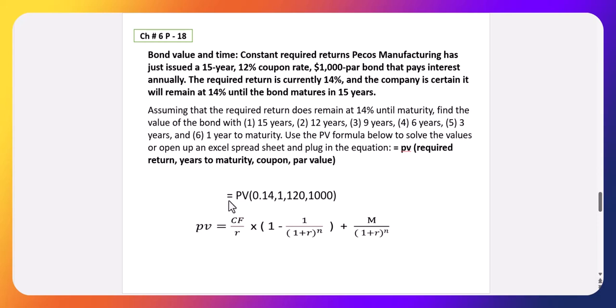In a cell, all you have to do is type equals PV, parentheses, 0.14, which is the required return, comma, the number of years to maturity, which is 1, the coupon payment, which is 12% times $1,000, or 120, and the par value of the bond, which is the face value. If you plug that in, you will end up with faster answers than if you calculate using the long way.